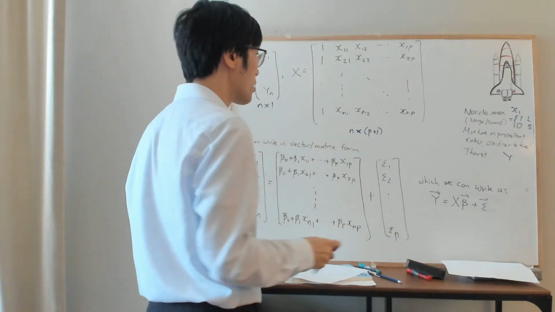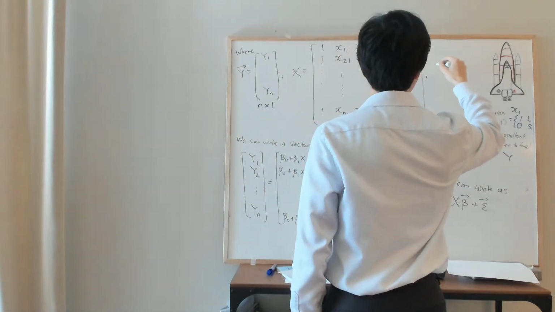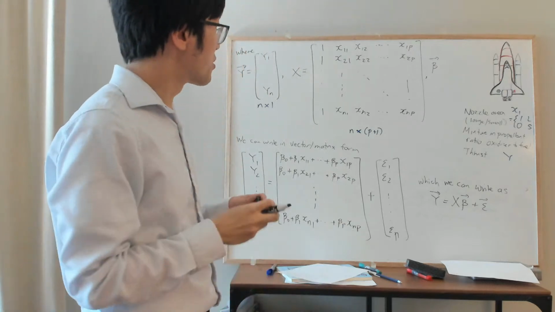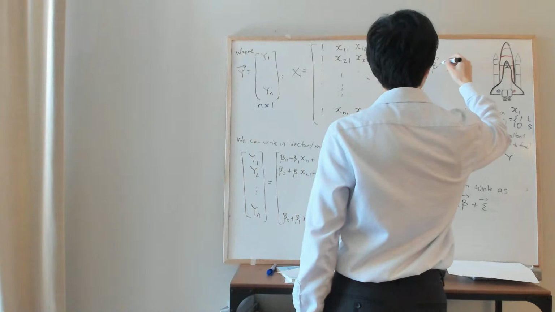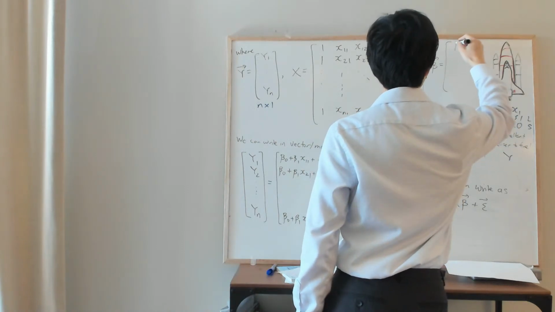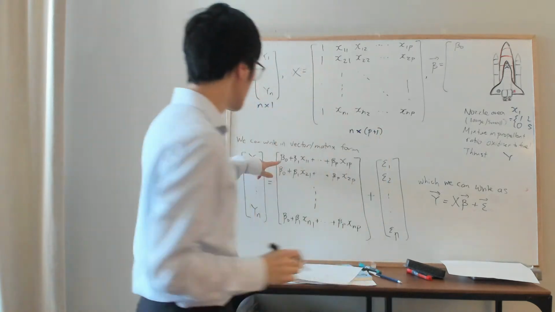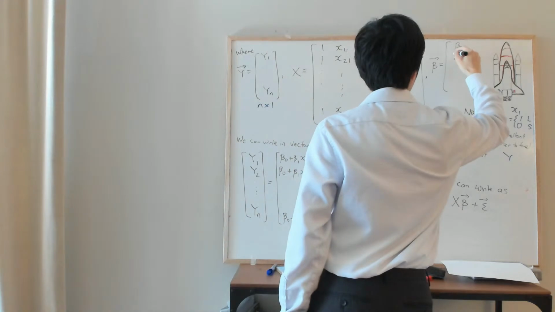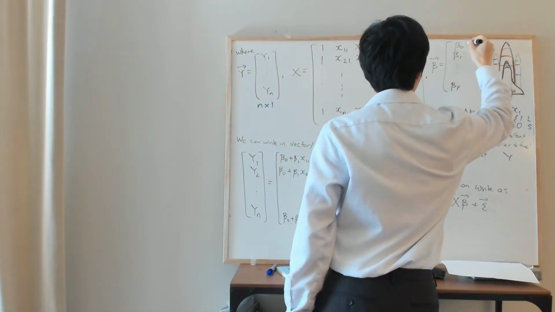The next part is beta. We have the vector of coefficients and parameters that we're going to estimate. Beta consists of exactly these parameters we see here, beta 0 up to beta p.